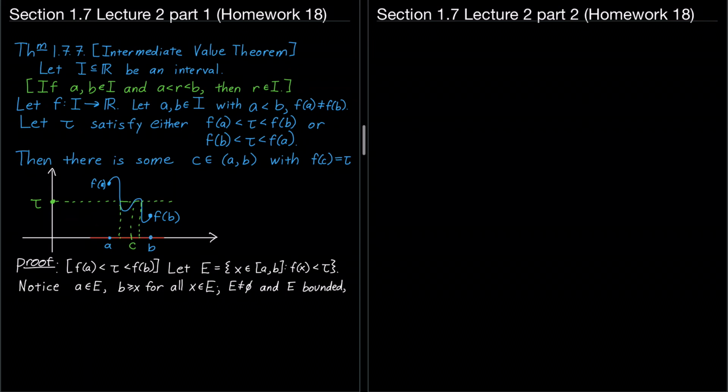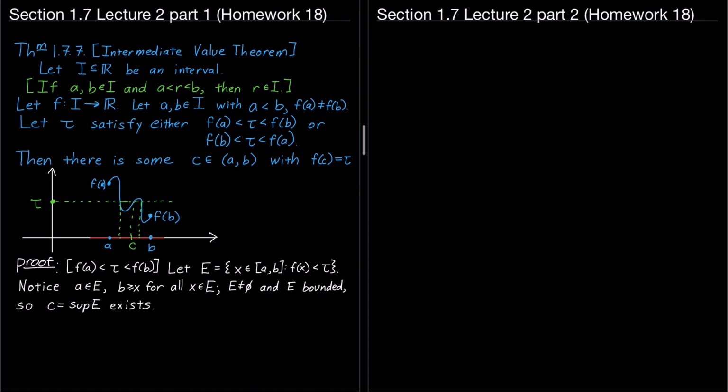It has an upper bound, so C, the supremum of E, exists. So now here's what we are going to do. We are going to construct two sequences that are both going to converge to C.